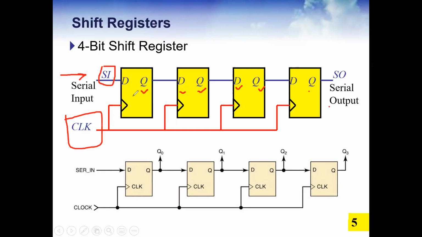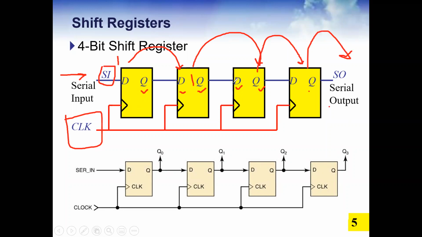So what will happen? For example, if I enter a 1 from here, as the clock comes, this one will shift to the next state after 1 clock. After the next clock, it will shift to here, after the next clock, here, and after the next clock, here. We know that with 1 clock, everyone triggers at the same time.